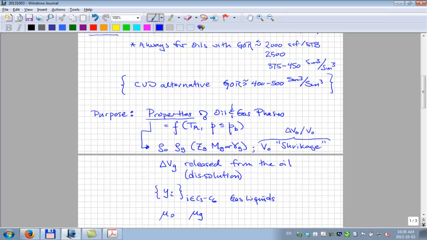That's shrinkage. This is also per whatever oil volume you have in the cell, and you lower the pressure, how much gas comes out of solution. That's really what you're interested in, is how much gas is released from a given amount of oil.